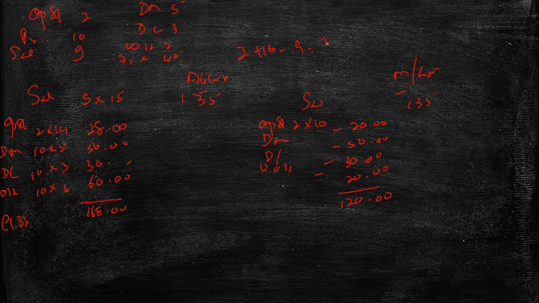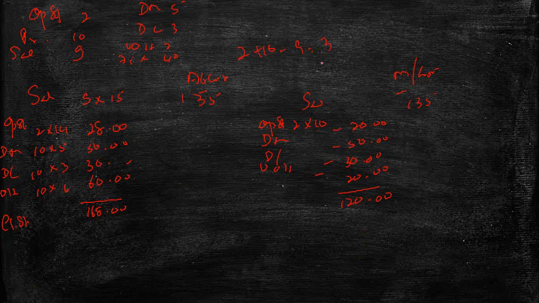What is your closing stock? 2 plus 10 is 12, minus 9. You had opening stock of 2. Closing stock is 3.